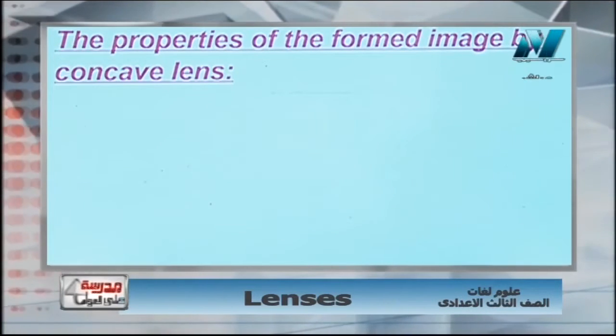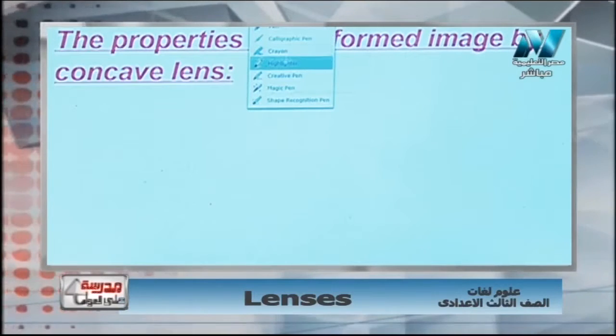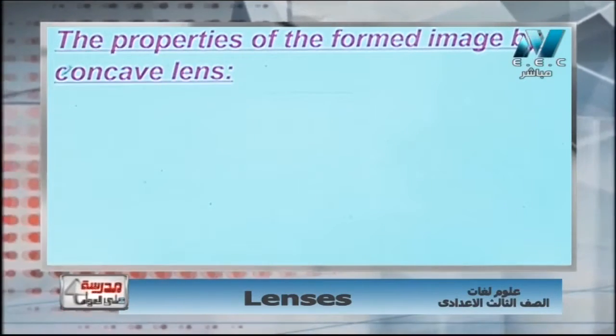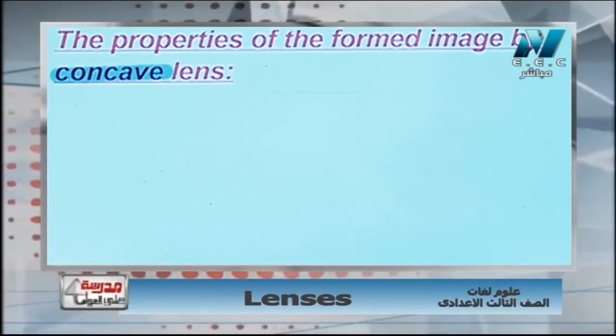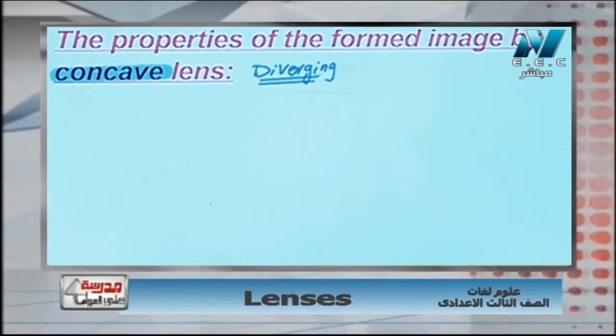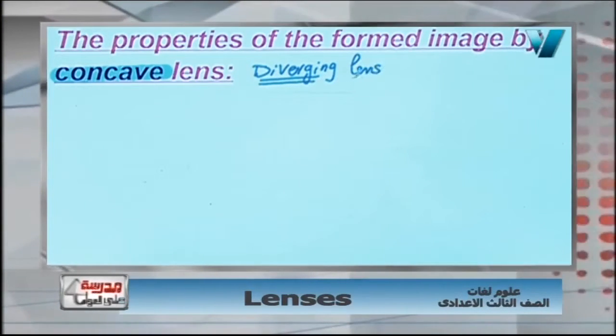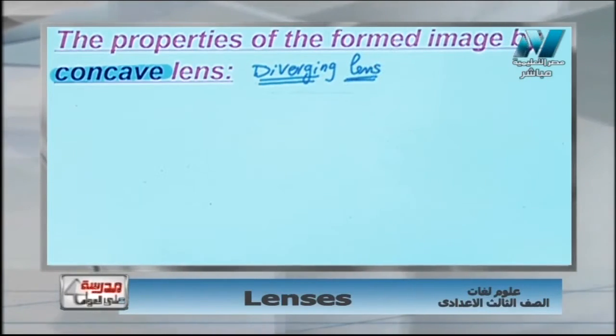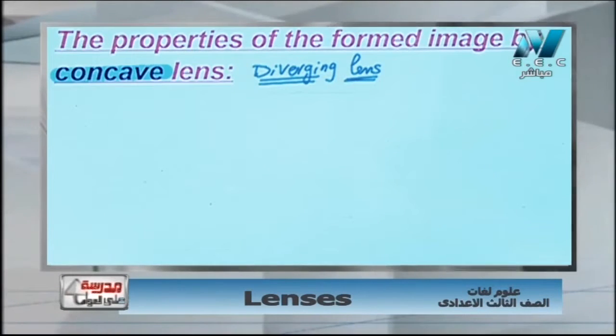Here we have only one problem, talking about the case of an object in front of a concave lens. And we know a concave lens is a diverging lens, which means this lens separates light rays after refraction.